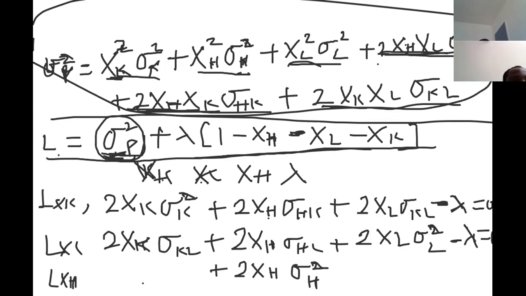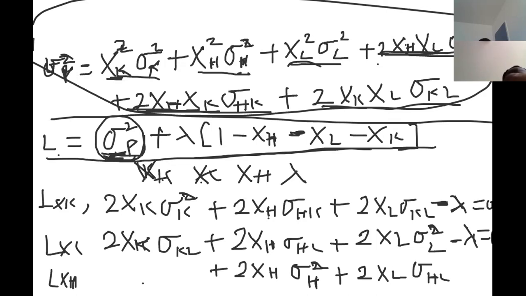And this XL is here, so I'm going to write plus 2XL, then covariance of H and L, right? And when you come here, where do we have L again?